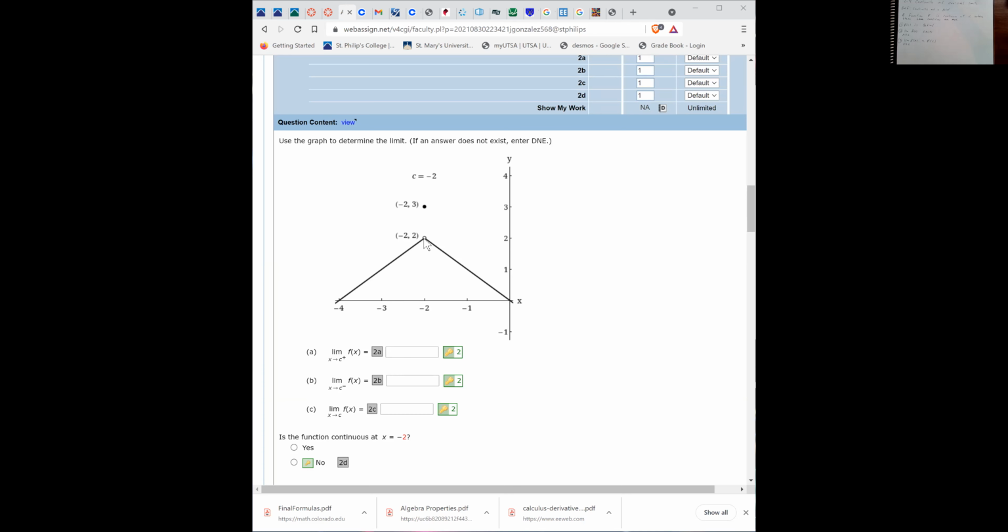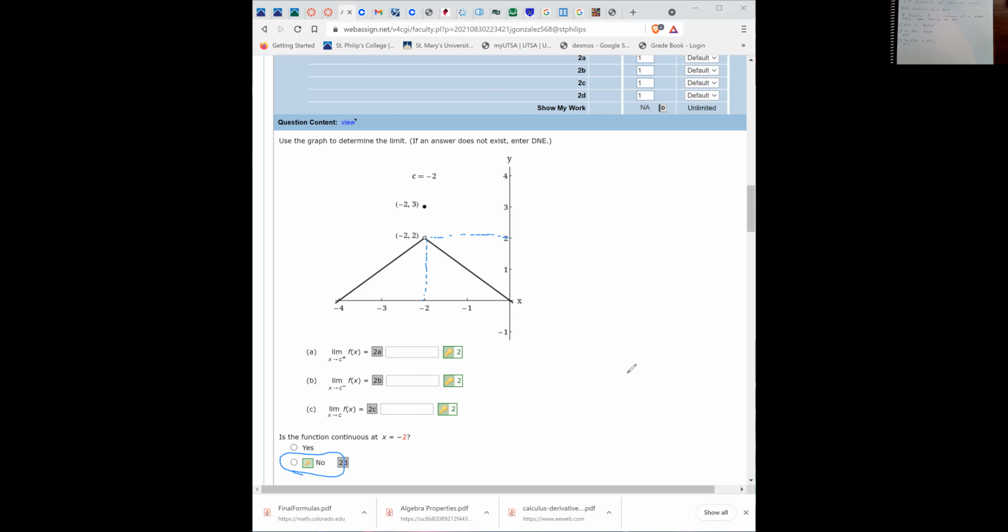This function is not defined at C. C is -2, there's my -2. So for sure it's going to be no, because it failed number one on our definition for continuity.